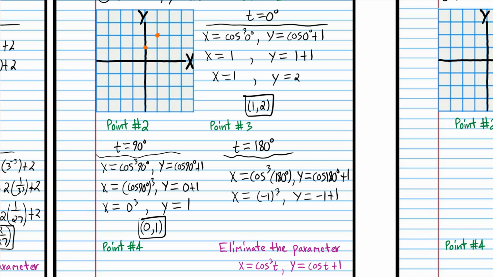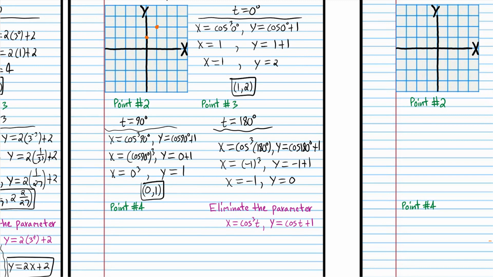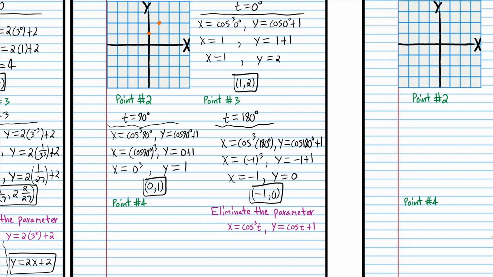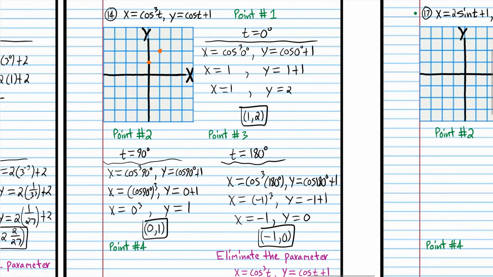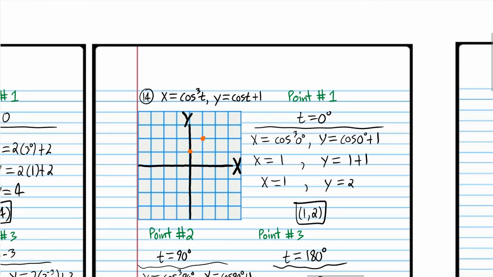Negative 1 plus 1. So x is equal to negative 1. Y is equal to 0. And we have another point. Negative 1, 0. So negative 1, 0 is here.